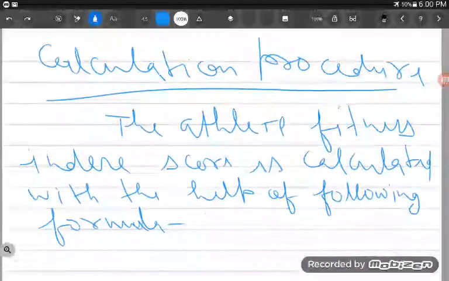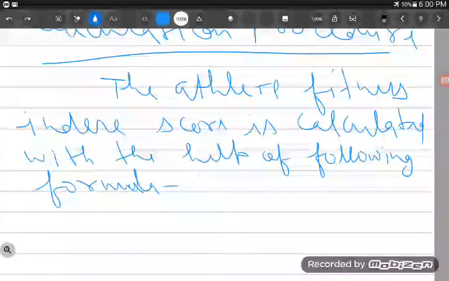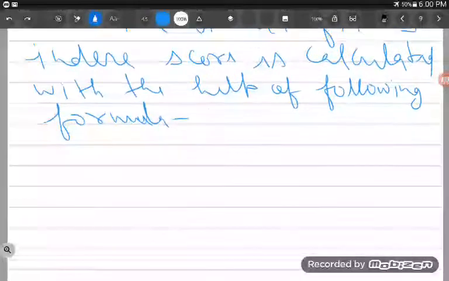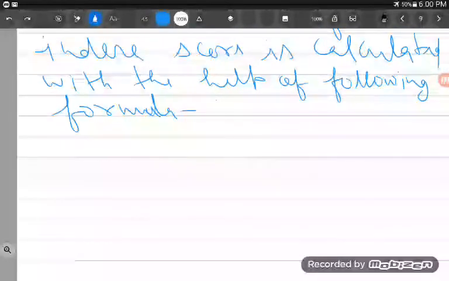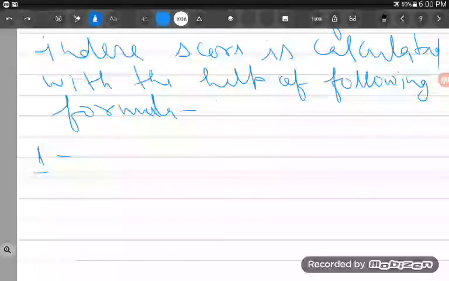Children, Brahua has given two formulas. Please see carefully. It is very important for you for the examination also, because out of the two, one will come in the board examination.